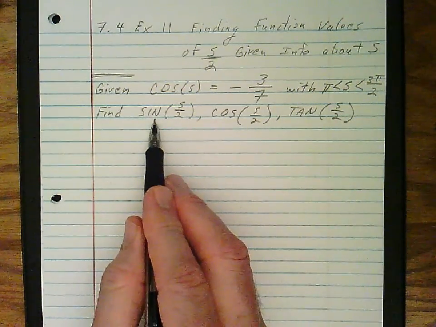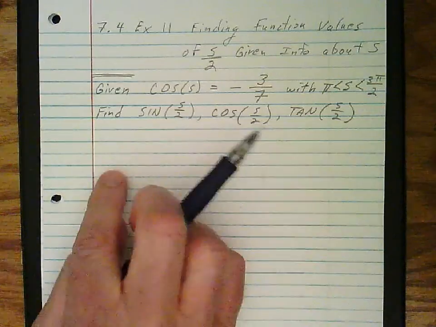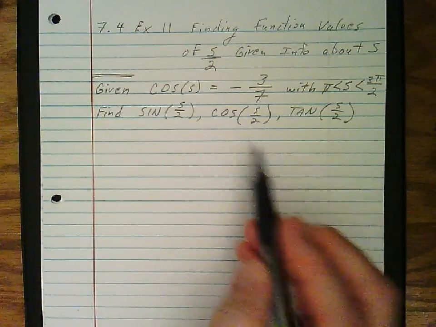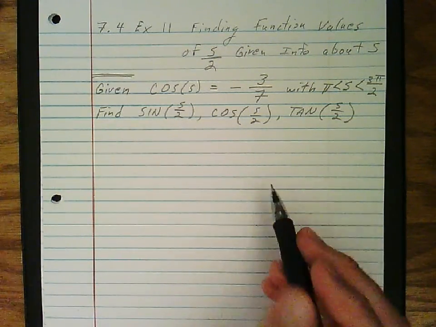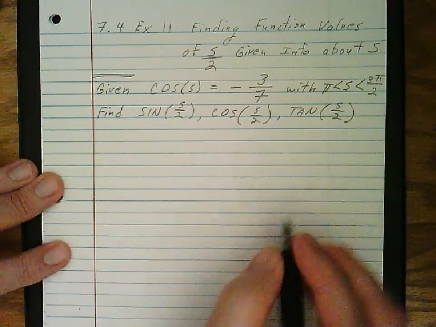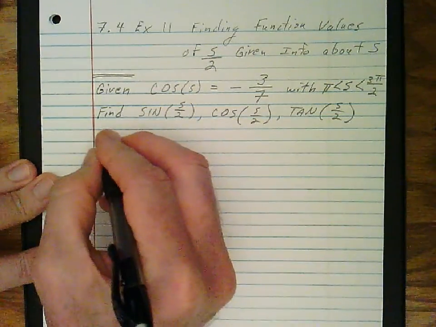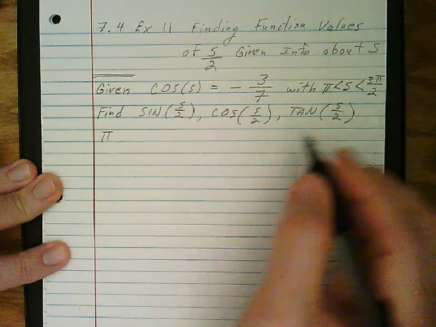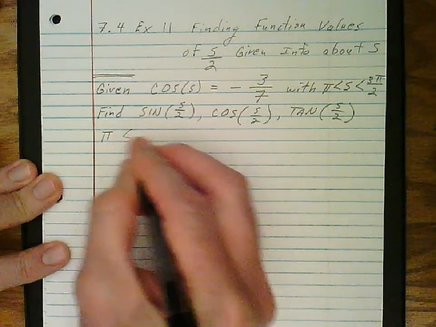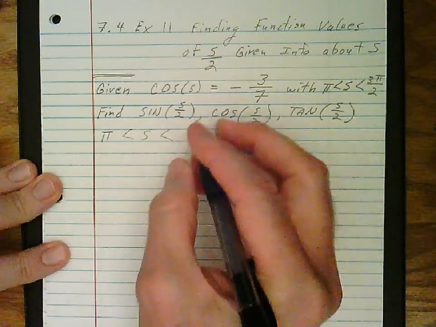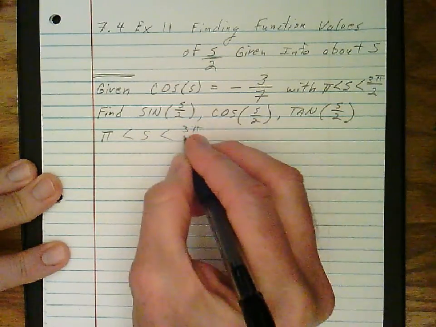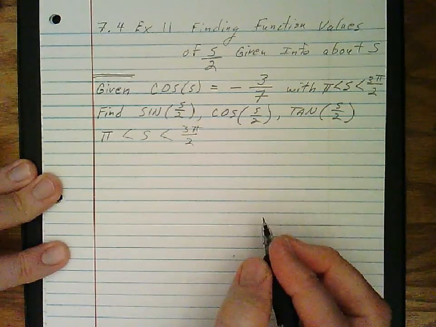But if we're tasked to find all these half angles, we need to find out what quadrant s divided by 2 is. So the first thing we're going to do is write down our restriction information here. Angle s is in between pi and 3π/2.